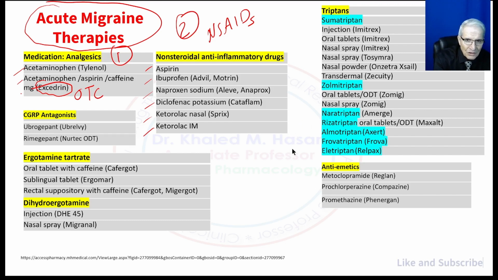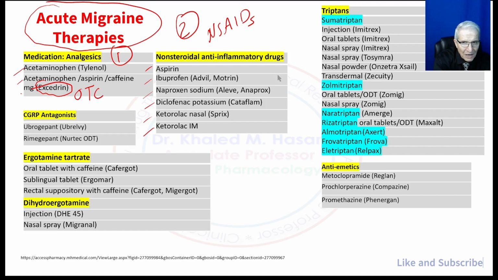As we discussed in the beginning, some patients may suffer from nausea and vomiting before, during, or after a migraine. For this reason, we can prescribe antiemetic medications such as metoclopramide and prochlorperazine or promethazine, like Phenergan, Reglan, and Compazine.